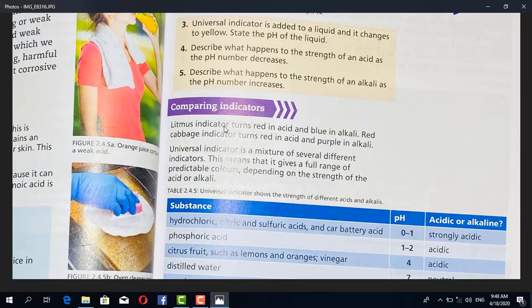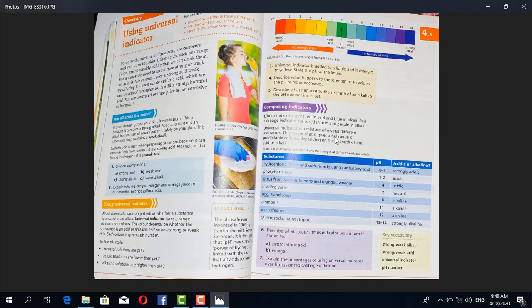Comparing indicators, litmus turns red in acid and blue in alkali. Red cabbage indicator turns red in acid and purple in alkali. The universal indicator is a mixture of several different indicators. This means it gives me a full range of predictable colors depending on the strength of the pH of the substance.